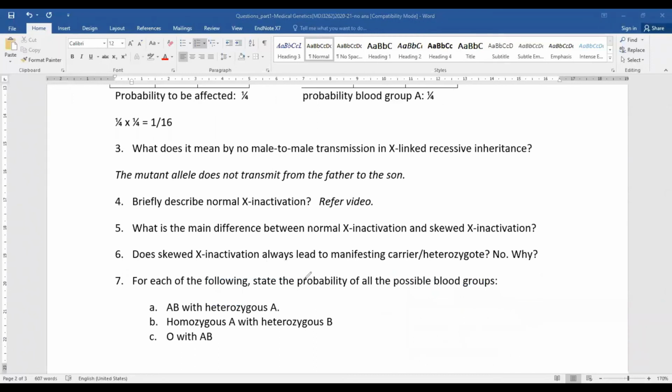For each of the following, state the probability of all the possible blood groups. This one is very easy, and you should be able to do it. Anybody has any problem or not? Let me just give you the answer.